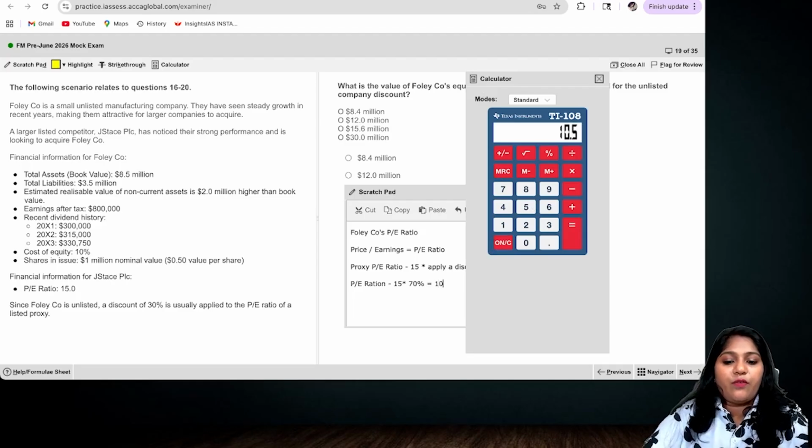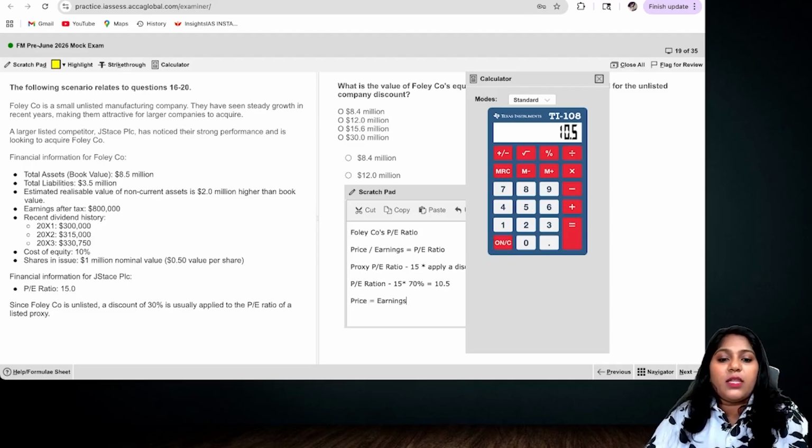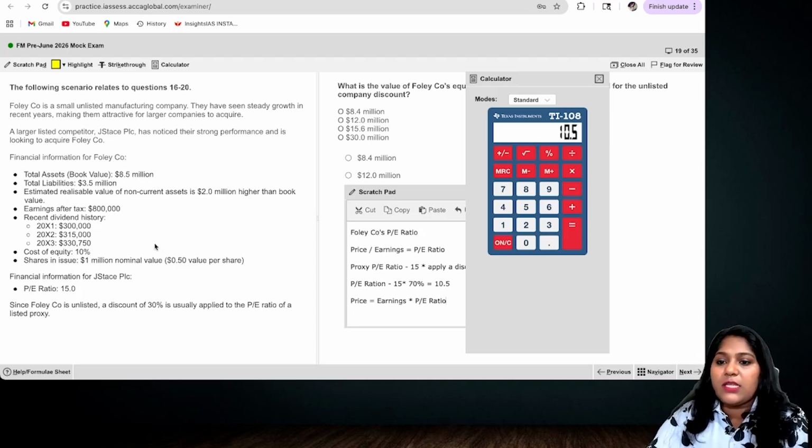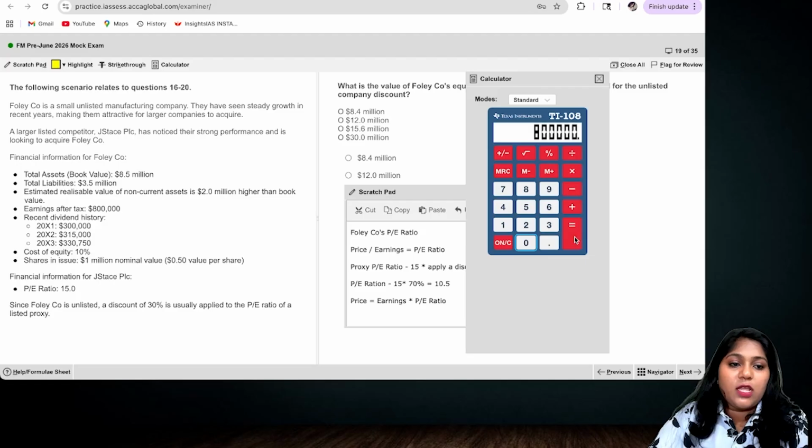So 10.5. With the help of your PE ratio, if you need to find out the price, I can reverse the formula: earnings multiplied with PE ratio. We have the earnings after taxes, which is $800,000. This is the total value of equity. So what is the value that you will take?